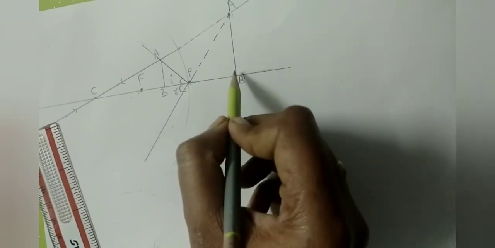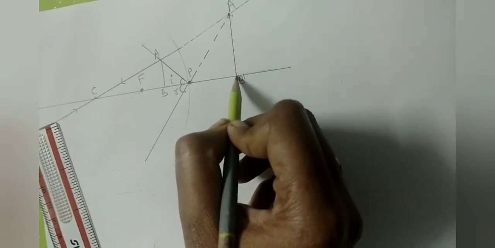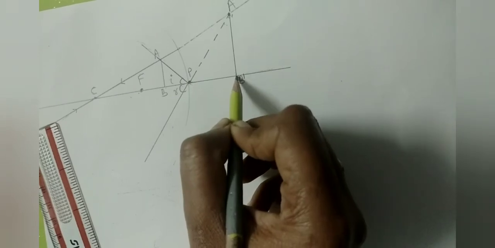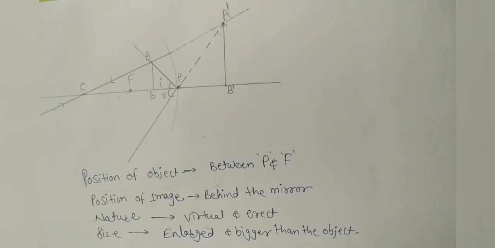Image formed position is behind the mirror, and it is a magnified, enlarged image. So this is the description of image when object is placed between pole and focus. Image will be formed behind the mirror. The nature of image will be virtual and erect, and size is enlarged and bigger than the object.